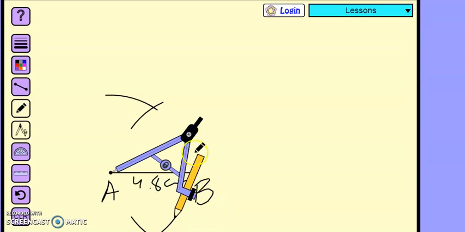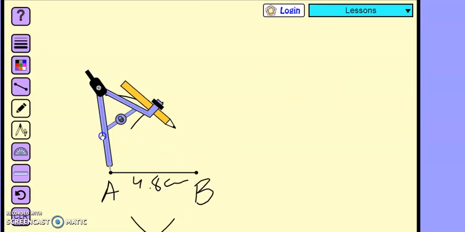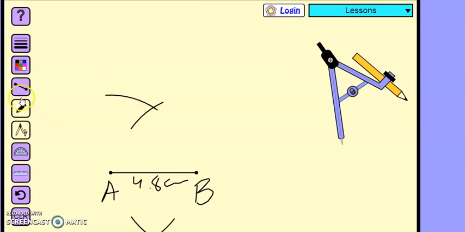Now pass a line in order to get the right bisector like this. Okay, so this is your right bisector, and say this point is O, at which your right bisector is intersecting.